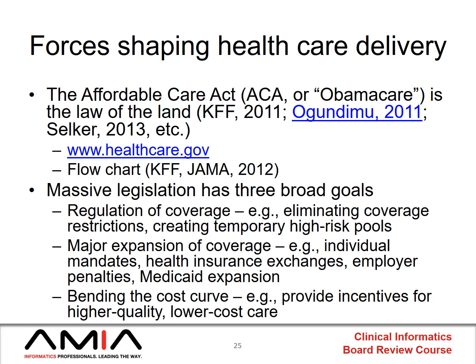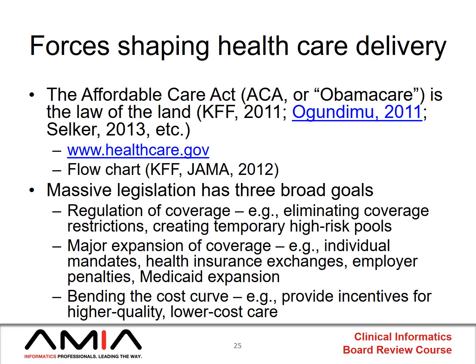Even though the legislation is massive, there are three broad goals for the Affordable Care Act. One is the regulation of coverage, so things like eliminating coverage restrictions such as not allowing coverage to be canceled due to pre-existing conditions, creating temporary high-risk pools.